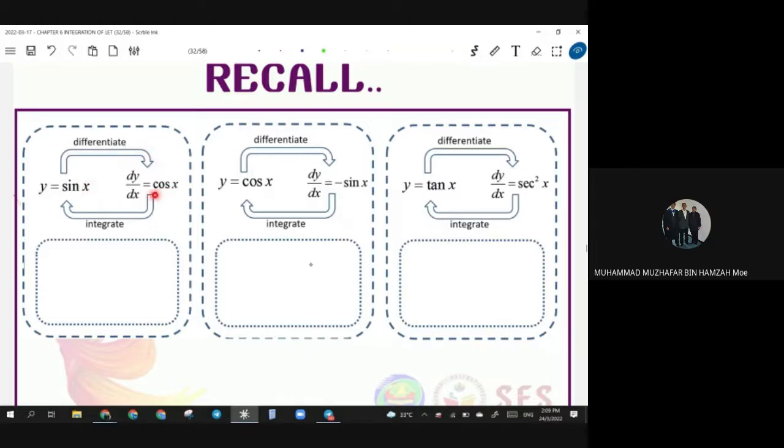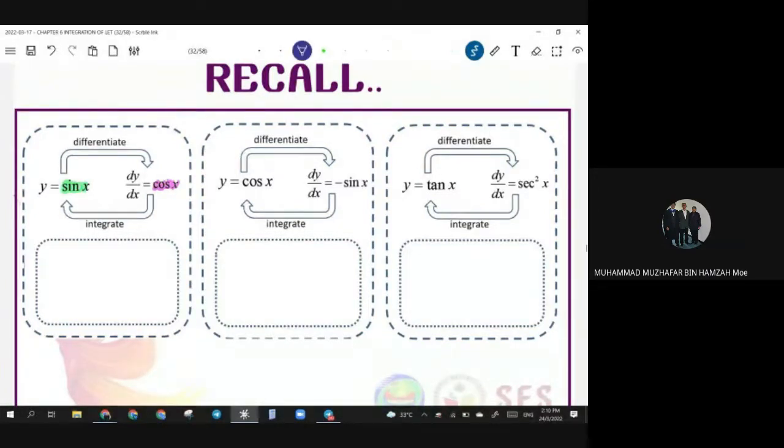As what we have discussed yesterday, we knew that integration is actually the reverse process of differentiation. So let's say we differentiate the green one, we should obtain the pink one. So when we integrate the pink one, automatically we will get the green one.